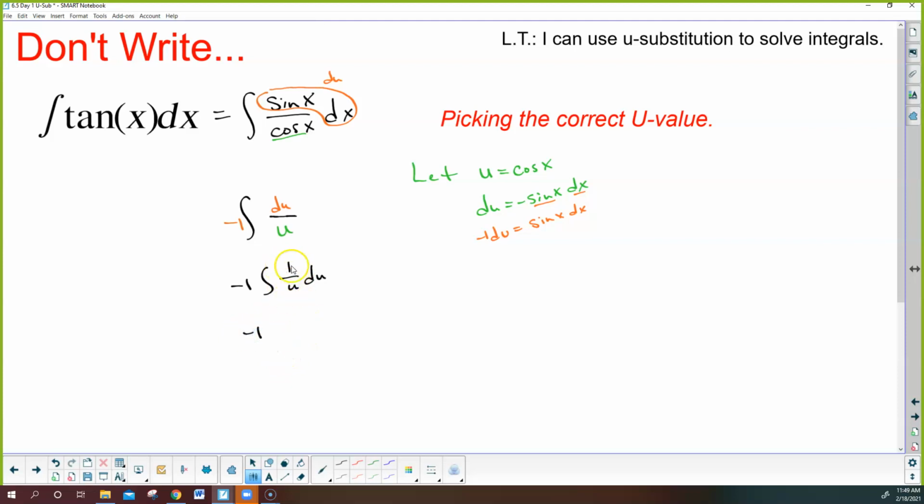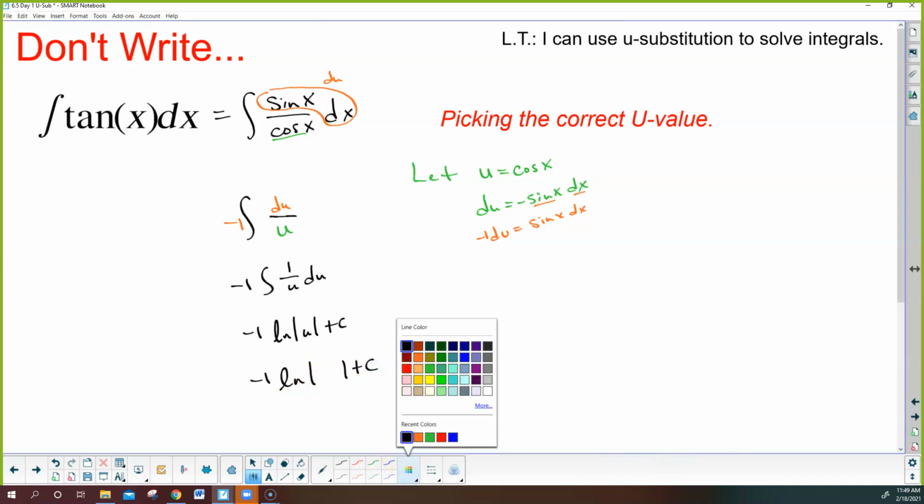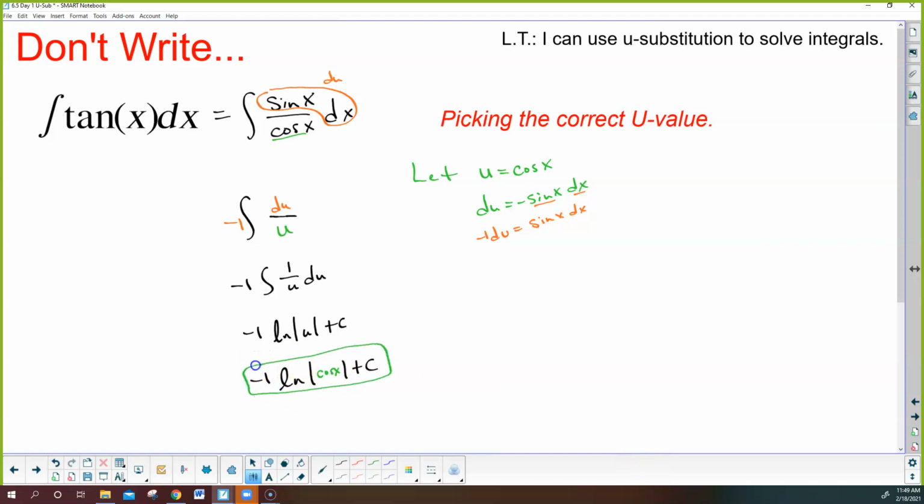Well, now, whose derivative gives me 1 over u? That's the natural log of u plus c. And then all we do is replace u with what it's equal to, which is cosine. So this one was just a tricky one. I wanted to show you that picking the correct u value is key.